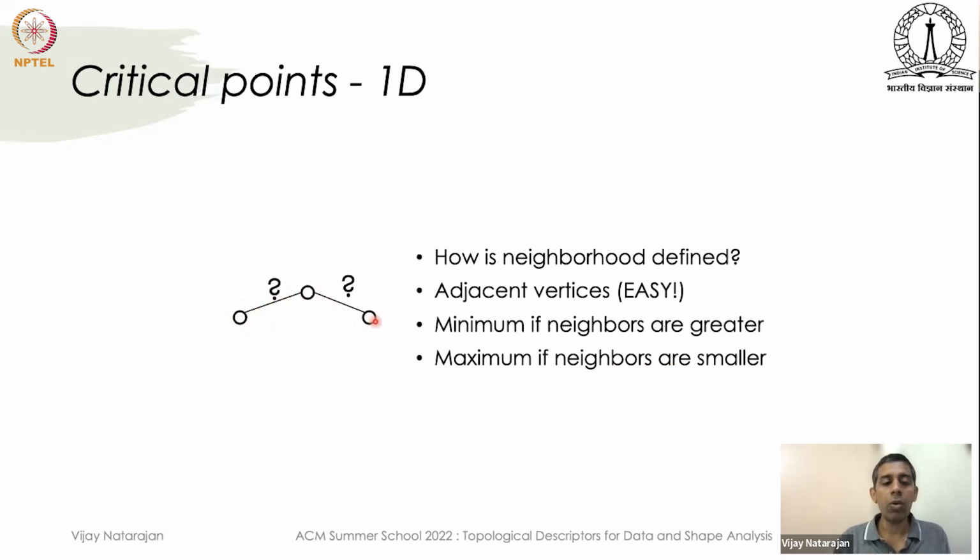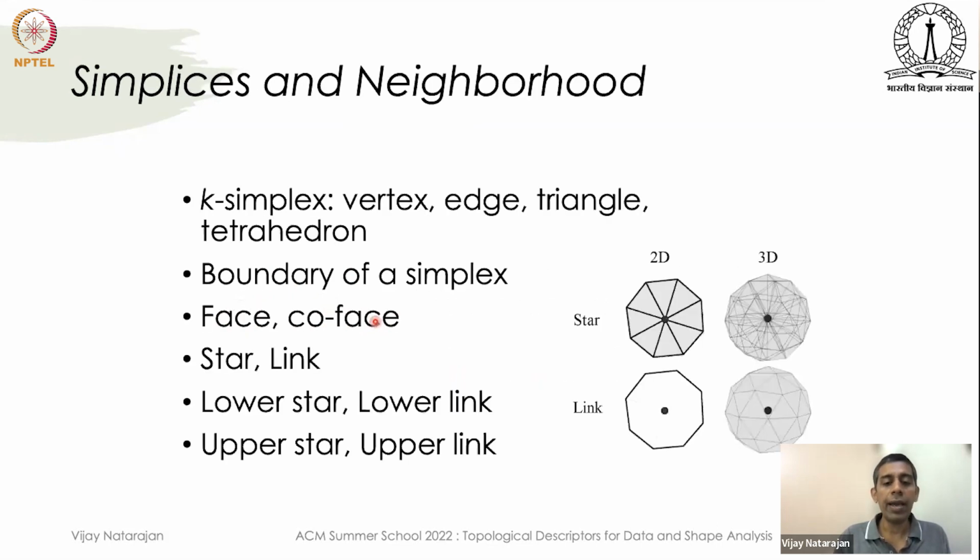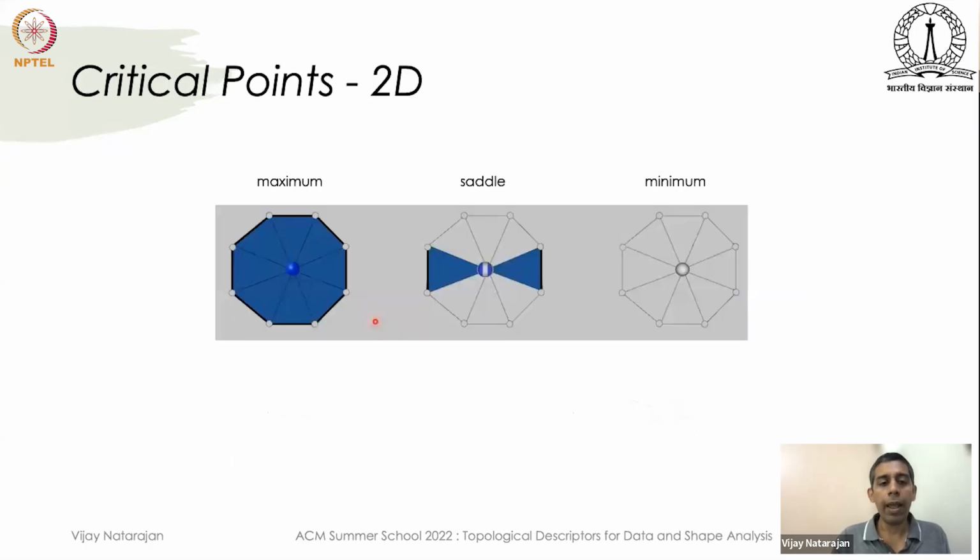If both of them are lower, you know that you are a maximum. Otherwise, you are a regular point. So this idea is extended by introducing the notion of neighborhood formally. This is what I'm going to skip. There are ways to extend the notion of neighborhood to lower and upper stars and so on. The idea of critical point classification is kind of very visual, so I'll introduce it using this picture.